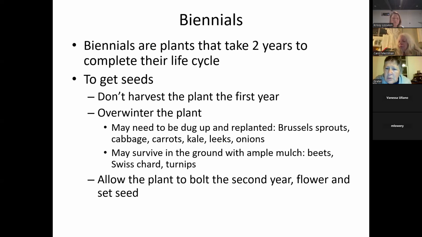And those include Brussels sprouts, cabbage, carrots, kale, leeks, and onions. If you plant an onion from the store, if it starts shooting up, you may get a flower. So if you want to save seeds from these, you need to get them through the first winter, and that may require a whole lot of mulch. The next year, they will bolt, they will make flowers, and they will set seeds, if you're lucky.